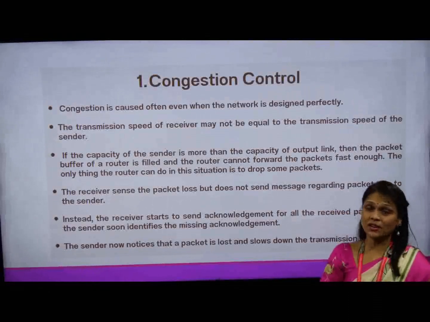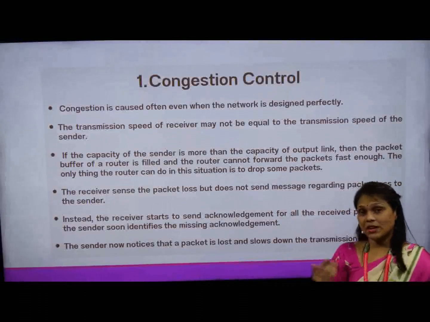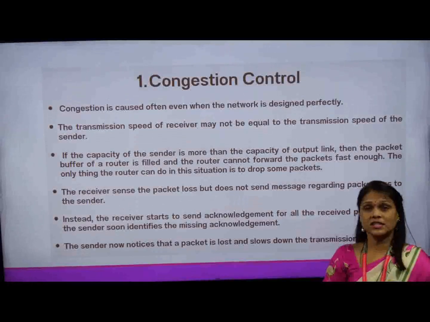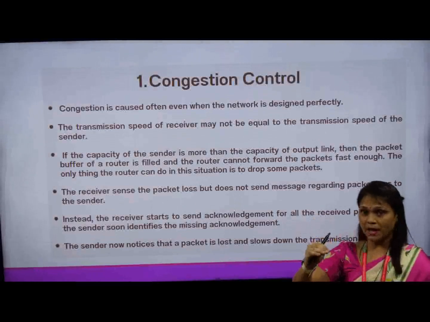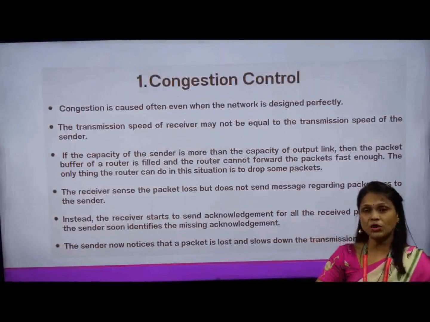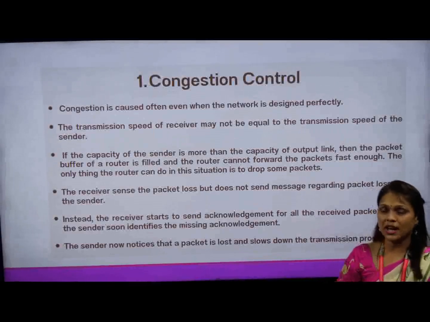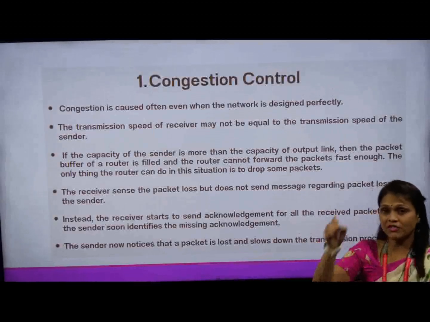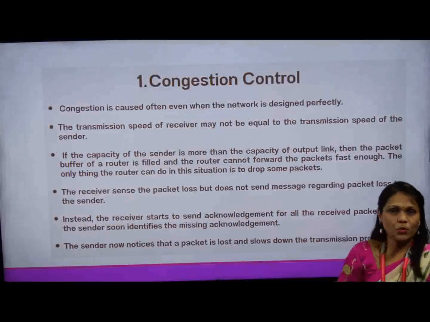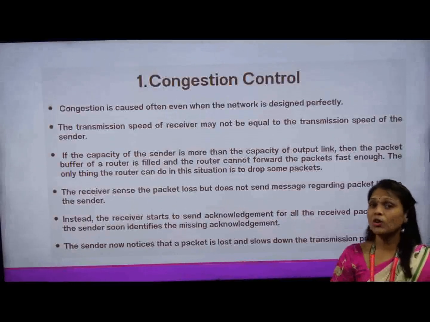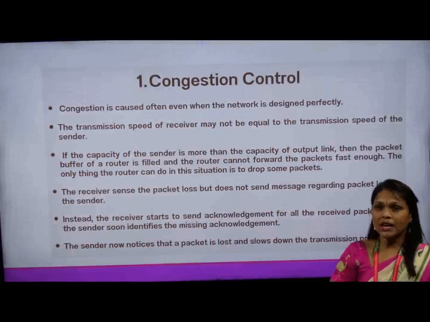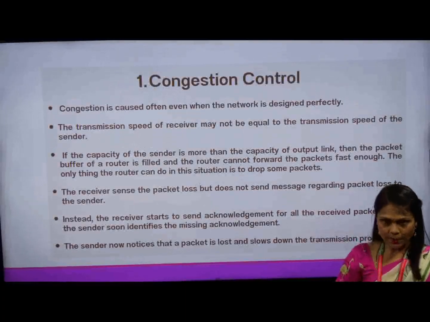How will the receiver tell the sender that it didn't receive certain packets? After the 10th packet, I didn't get 11, 12, 13, 14, directly I got packet number 16. That means the receiver understood that there is something fishy in between. Because of the overloading of packets on the network, the packets got dropped.